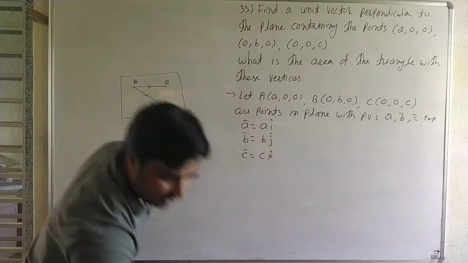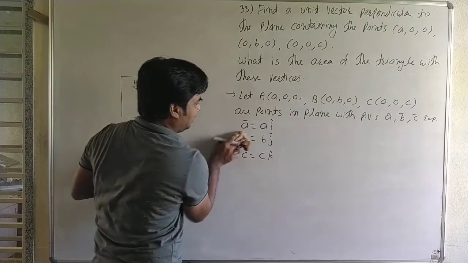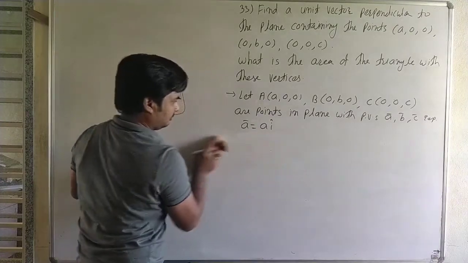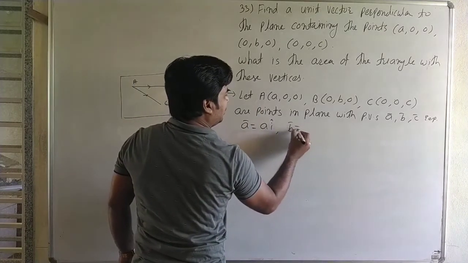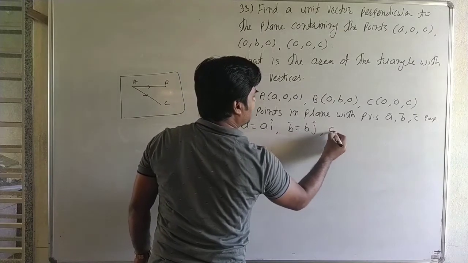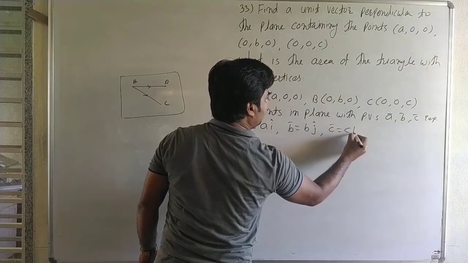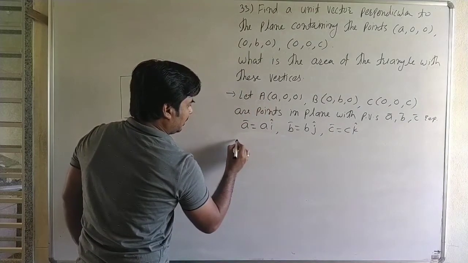Okay, here we can write A, B and C in a single line. Therefore A bar is A i cap, B bar is equal to B j cap and C bar is equal to C k cap. Okay, then we find the two vectors.